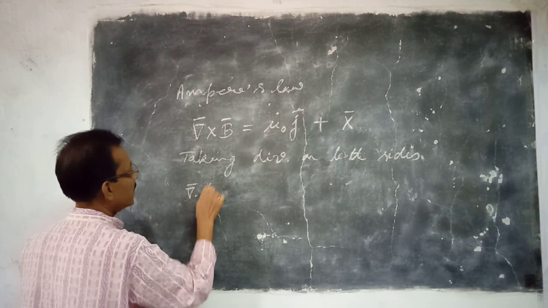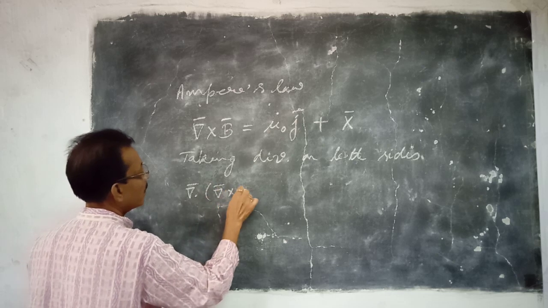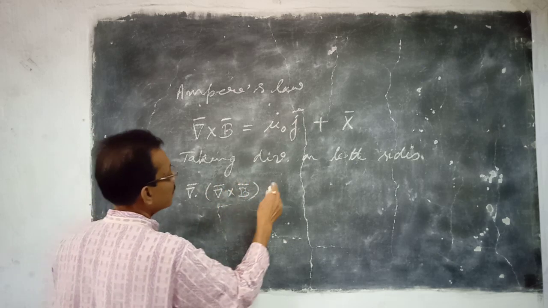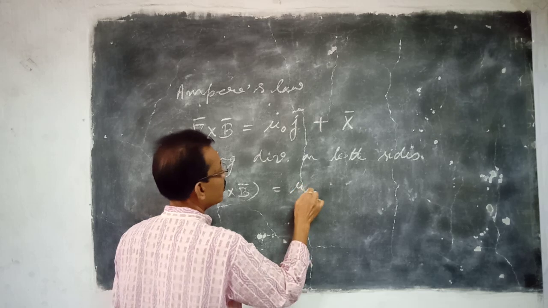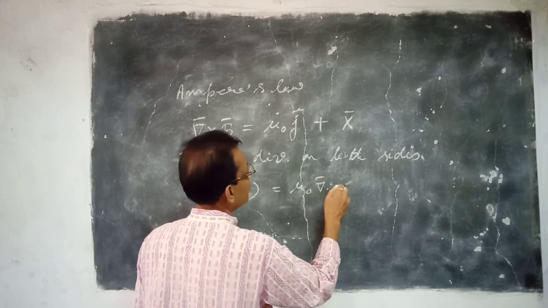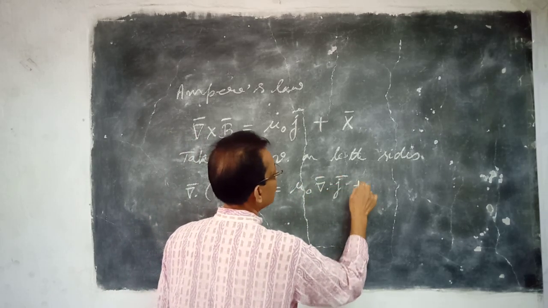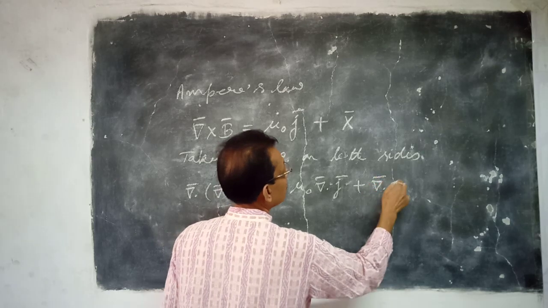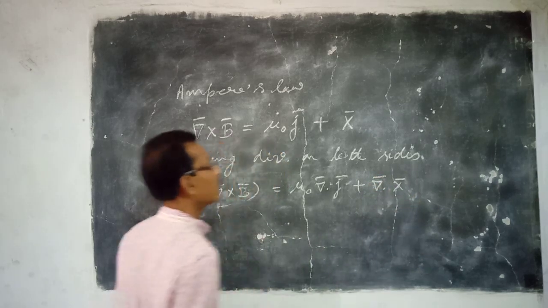Now, divergence of the curl of this vector is equal to mu 0 divergence of J plus divergence of x.